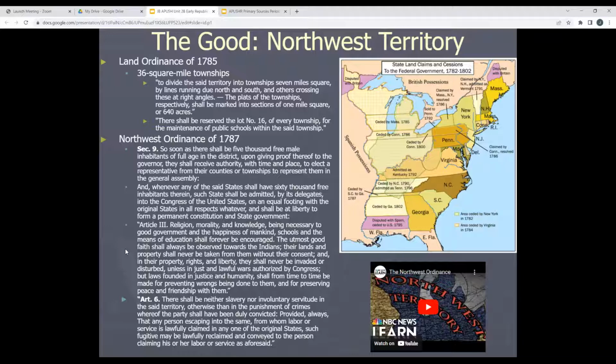See on the map, ceded by Massachusetts, ceded by Connecticut. Virginia's going to cede. I mean, these states decide, fine, I'll give it up. And that when a state is carved from that territory, it will become equal to the original state.